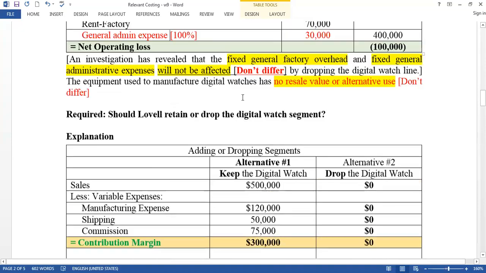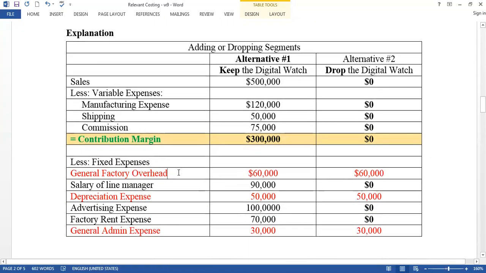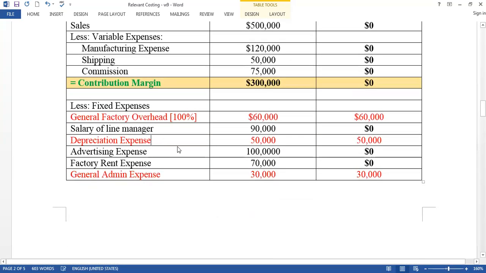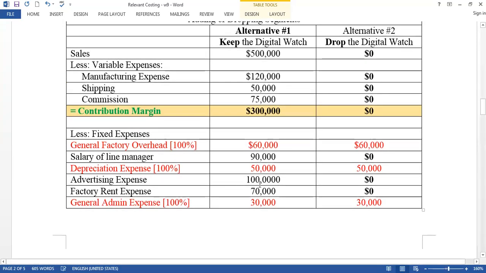They don't have any difference. Look at here. They don't have any difference. Do you understand? 100%, they don't have any difference. Clear?